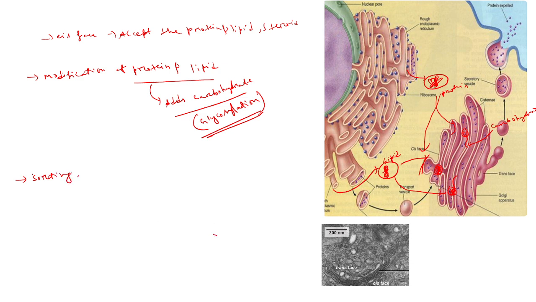Let's suppose this is a cell, this is a nucleus, this is the ER, and this is the Golgi. In the ER the protein, and in the smooth endoplasmic reticulum the lipid, are present and transported into the Golgi. After that the glycosylation occurs, and then it decides where this protein or the lipid should go.